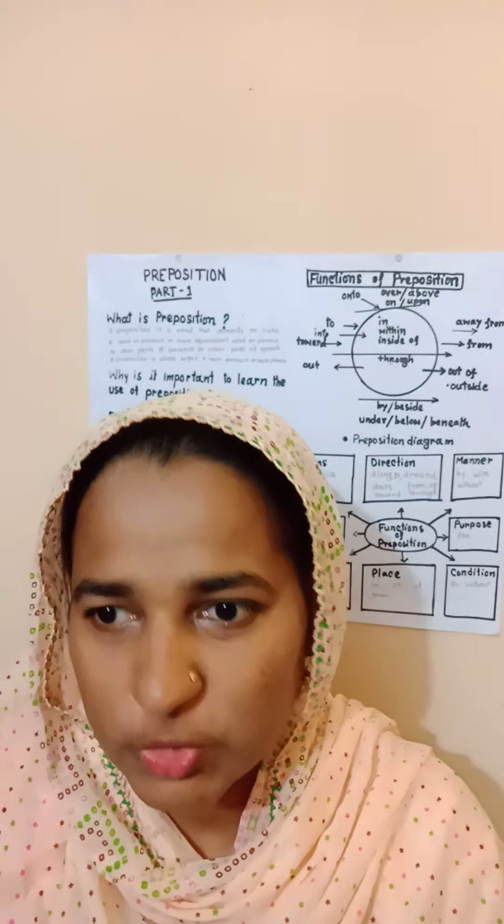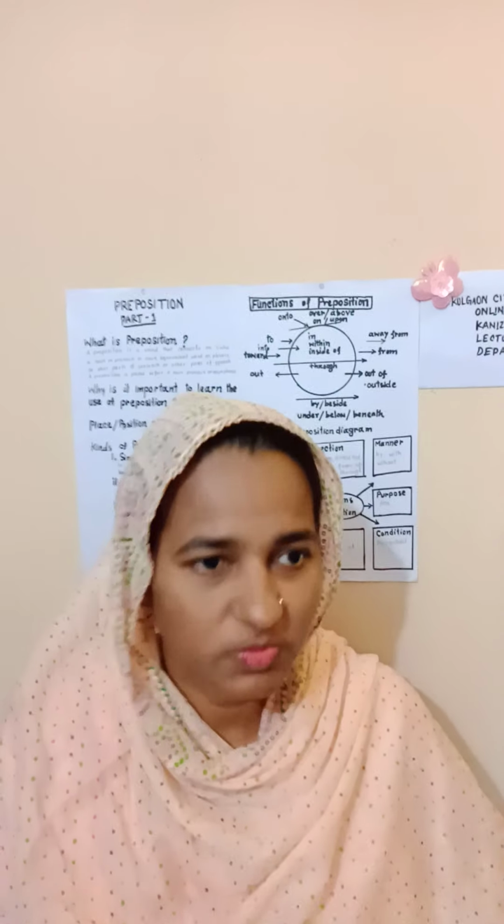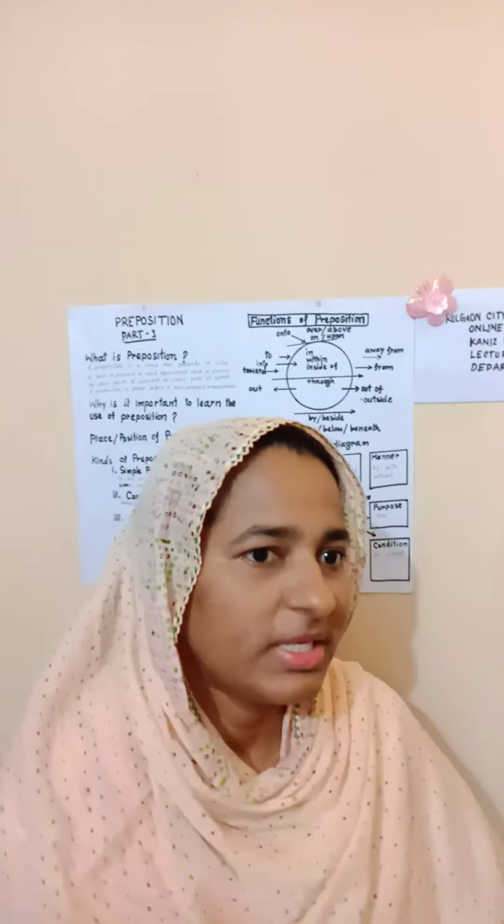We call it a noun equivalent word or phrase. So the definition that we get from these words is, look at the board. A preposition is a word that connects or links a noun or pronoun or a noun equivalent word or phrase to other parts of a sentence or other parts of speech.